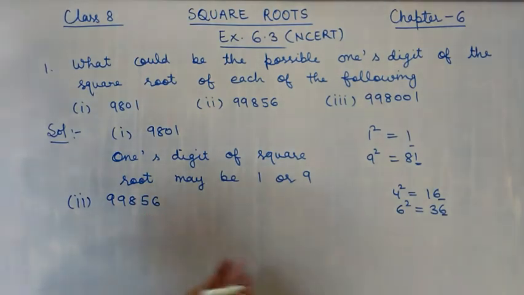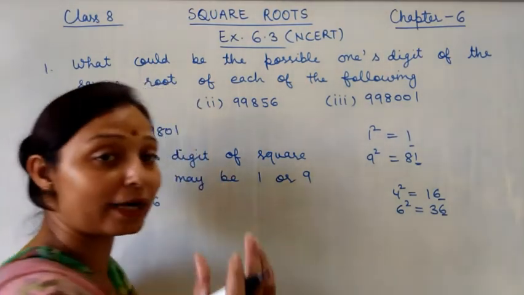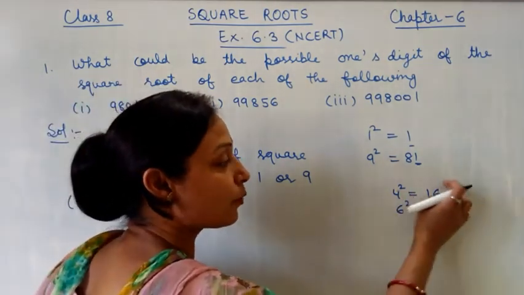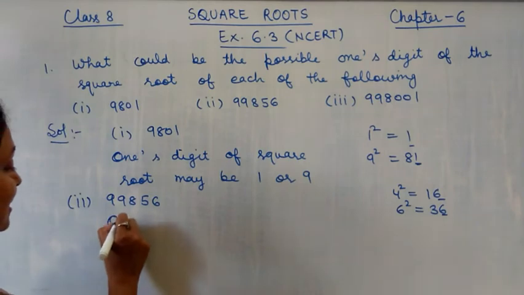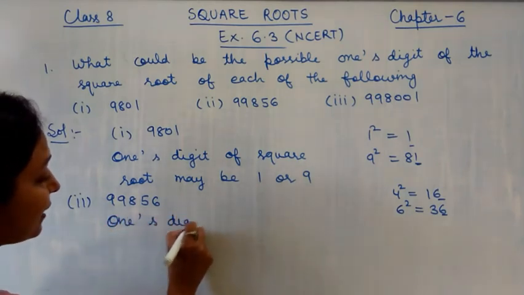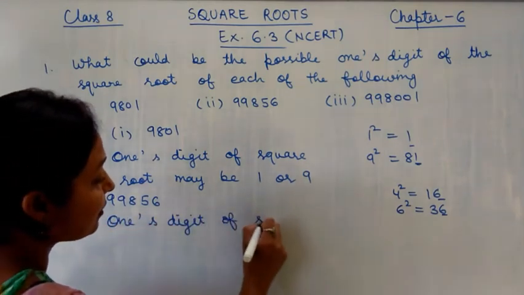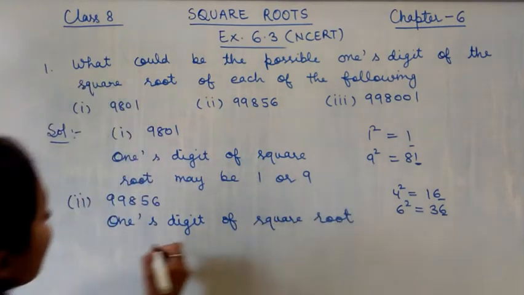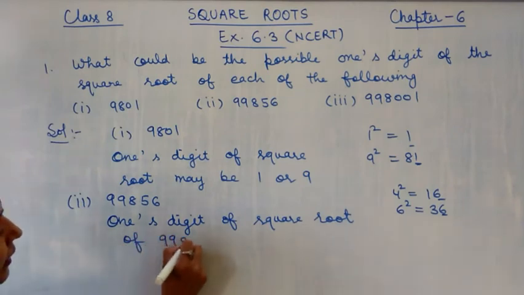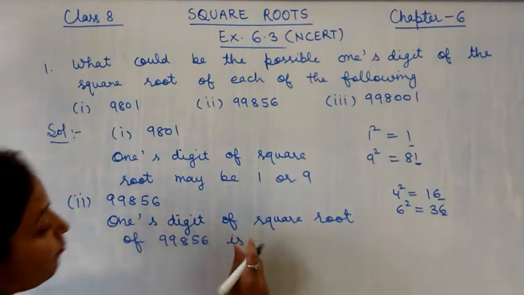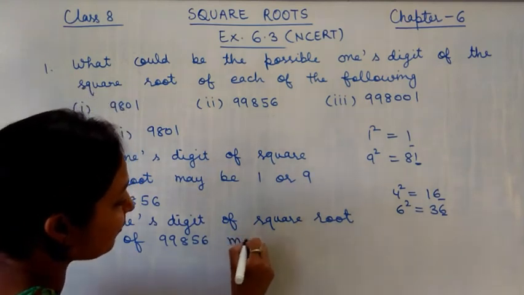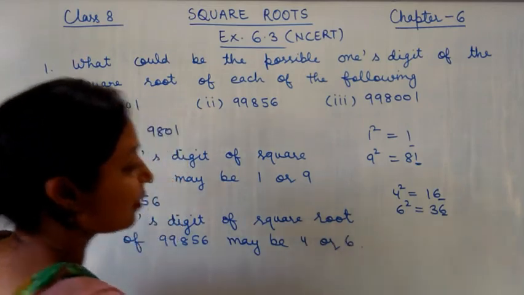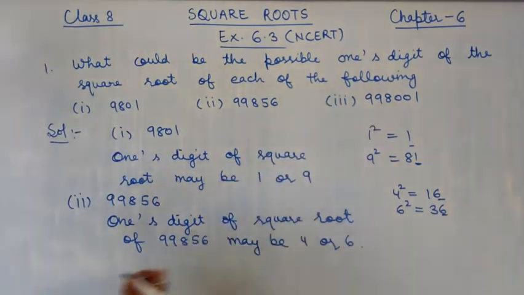Because you want to find the square root, which is the converse of this, the ones digit of the square root of 99856 may be 4 or 6.